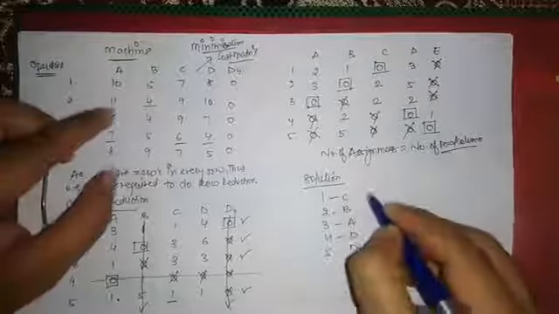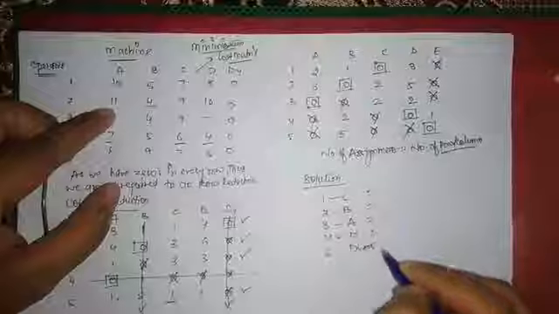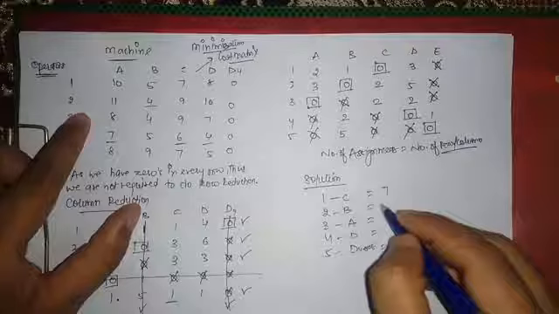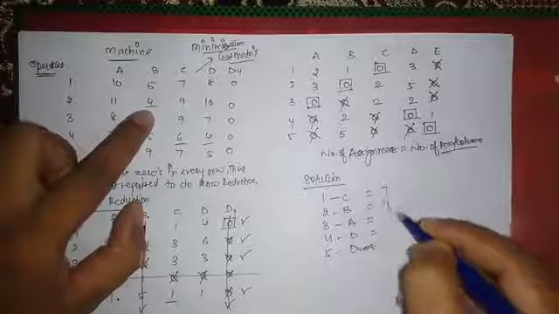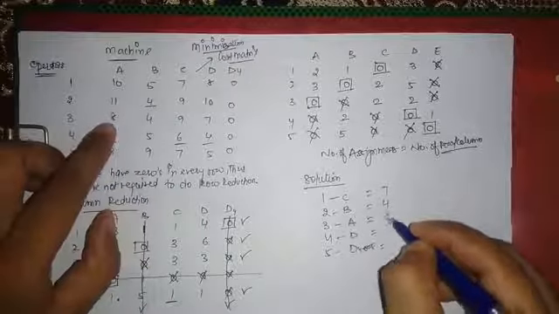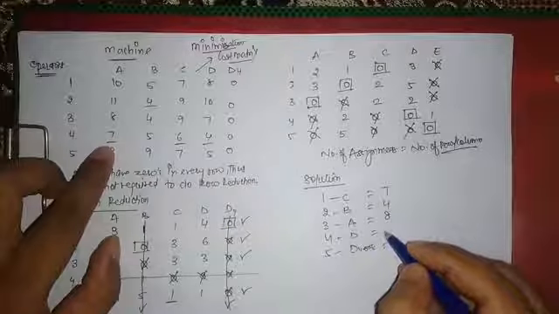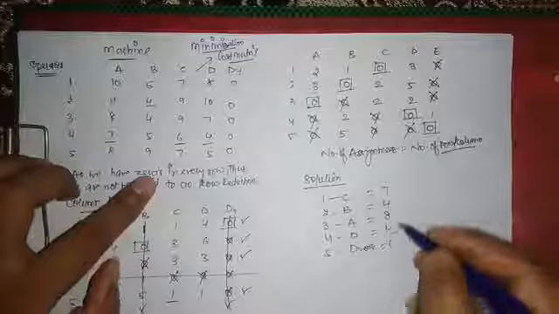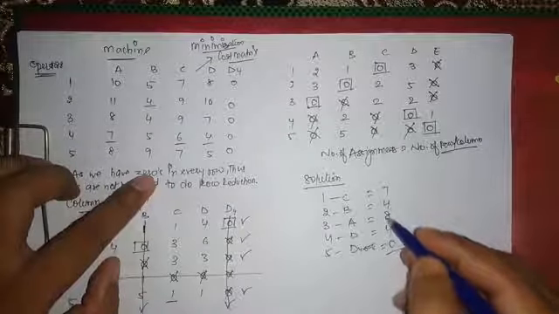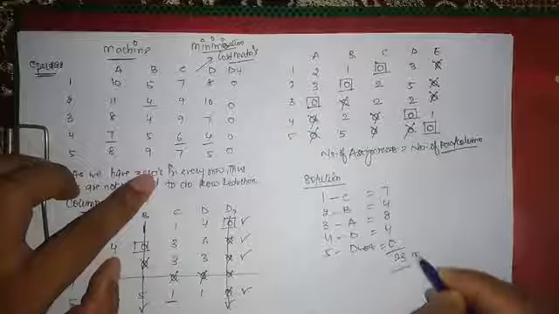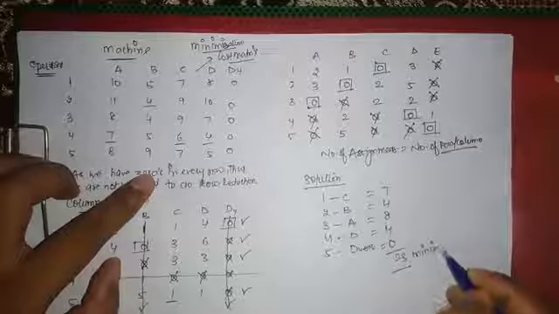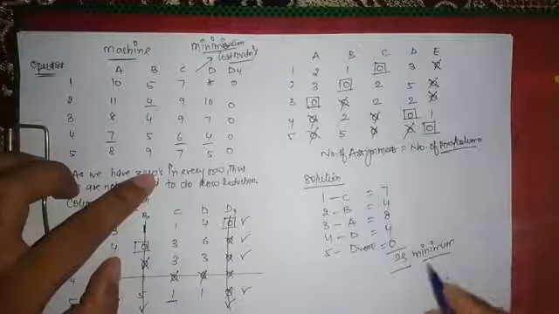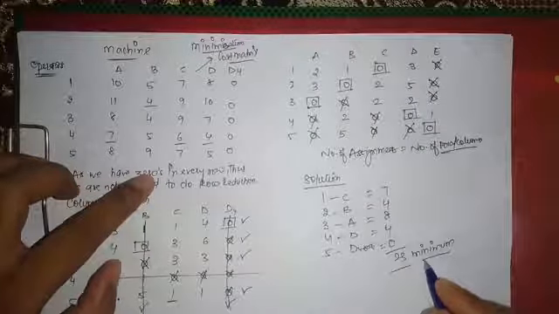The values are 1 to C 7, 2 to B 4, 3 to A 8, 4 to D 4, and that will be 0. 7, 4, 8, 4: 7 plus 4 is 11, plus 8 is 19, plus 4 is 23. That will be the minimum. So we may have a different assignment, but our answer will not vary. It will be 23.